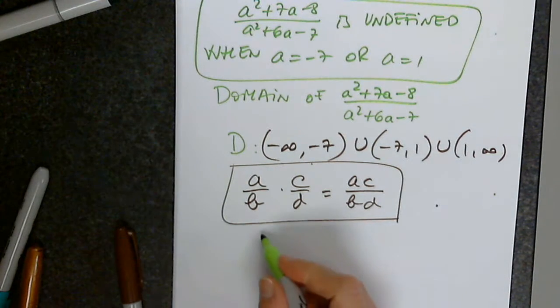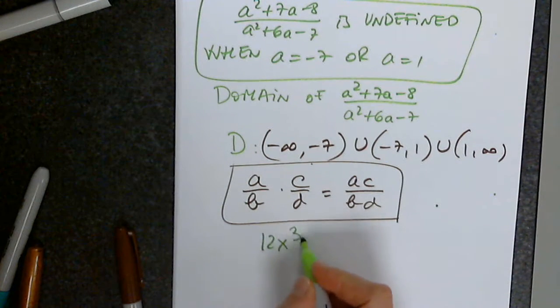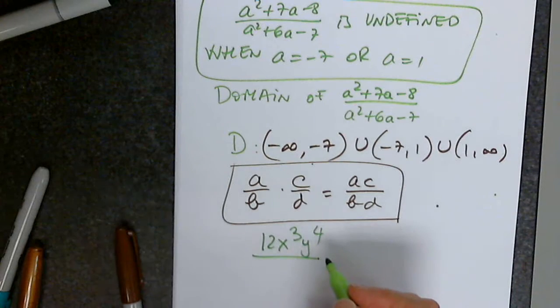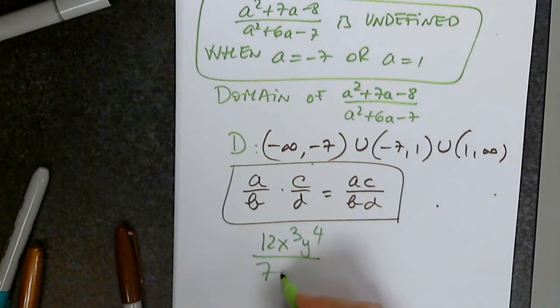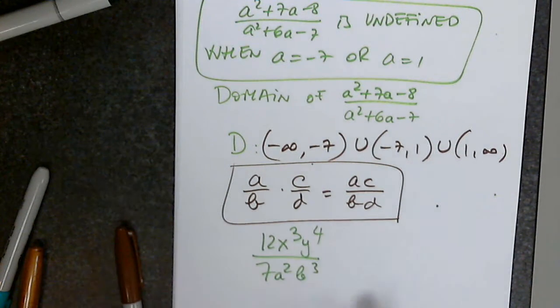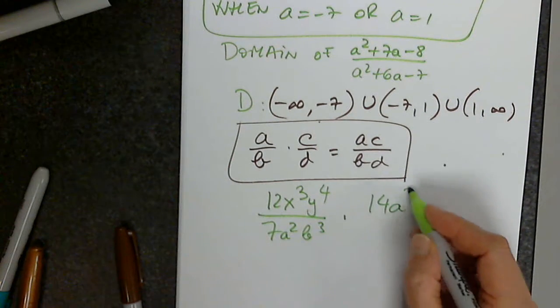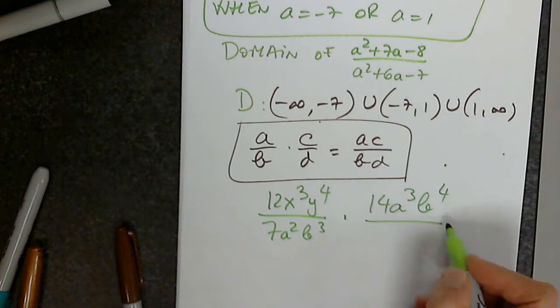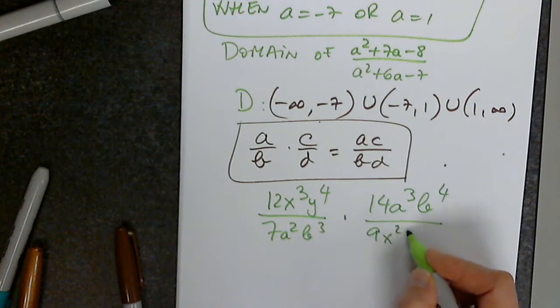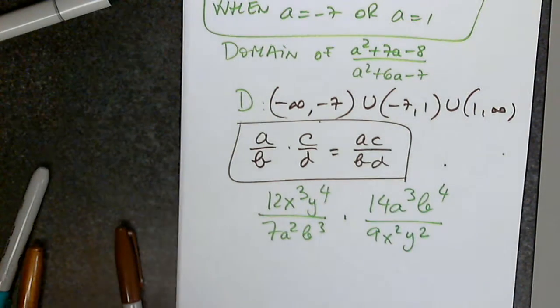So let's start with the first one. 12x cubed y to the 4th over 7 a squared b cubed times 14 a to the 3rd b to the 4th over 9x squared y squared.